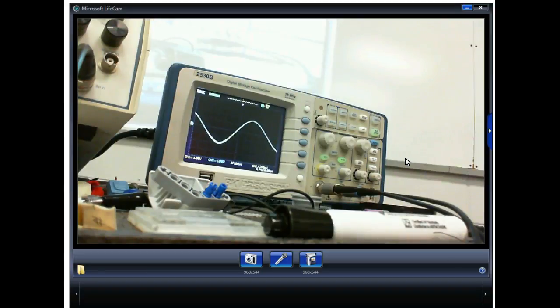Let's go ahead and go through the rest of the table. What's the next one? R1 shorted. R1 is the 33K, right?